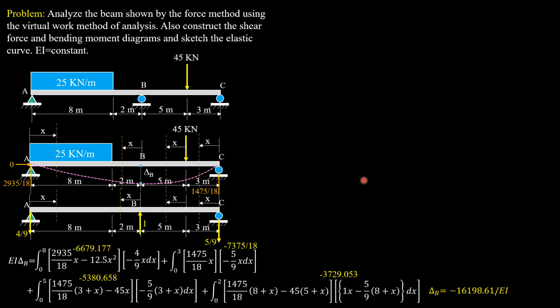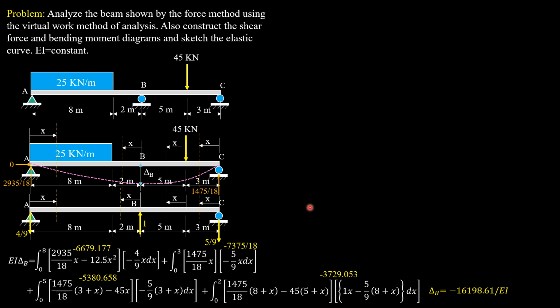Now for the virtual work method, there are two situations here. Supposedly we apply 1 kilonewton. Then for the second section, 1 unitless load. This is the same section, same reaction. Then for the virtual work equivalent, same section.